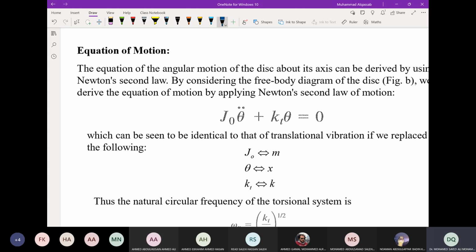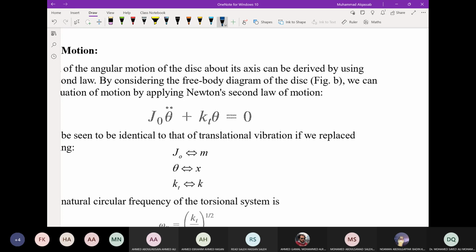So the solution, or the natural frequency, is obtained the same way we did with the spring mass system. When you divide by Jo, then you get theta double dot plus Kt over Jo theta equal to 0. So this is the final equation after dividing by Jo.